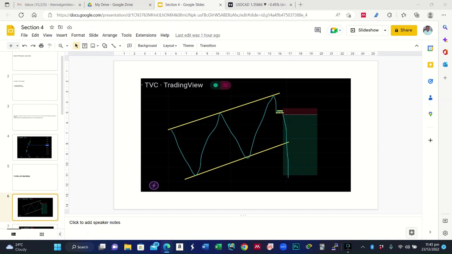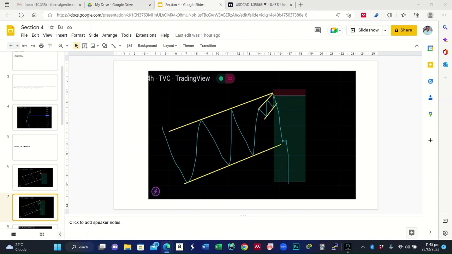Then you can catch the next impulse by placing your entry just under the correction, and your stop loss will be above the correction. I hope you are getting it now. So your take profit can be at where the correction started. That is where you can place your take profit. But your stop loss has to be above the correction. So you will make sure that your stop loss is protected. So that is entry type number one.